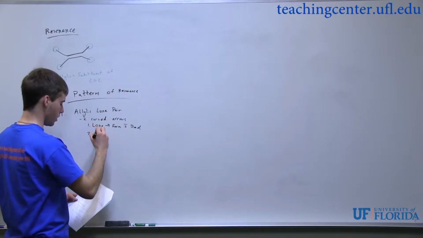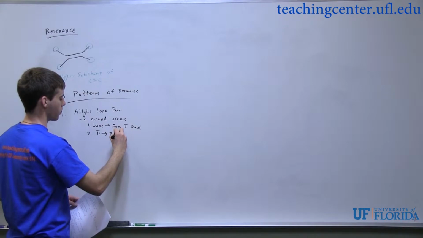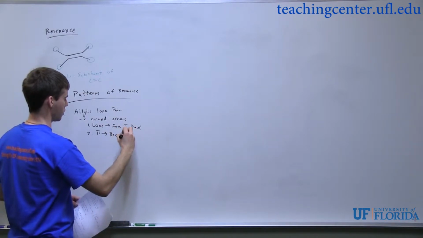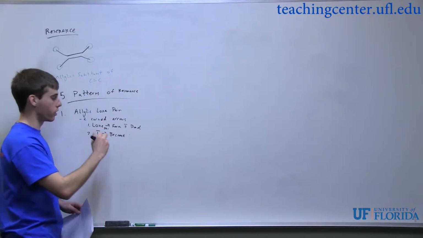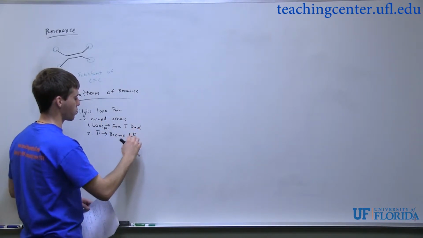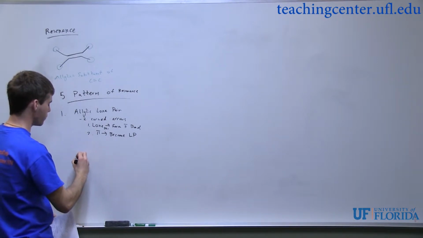And the second one is from a pi bond to become a lone pair. Sorry, this is lone pair. Become a lone pair, and I'll just abbreviate lone pair, LP. So, an example of this.